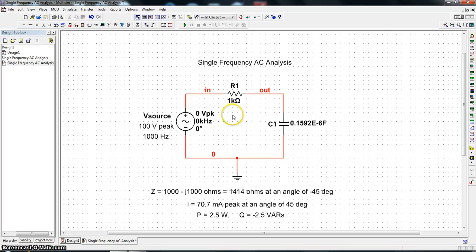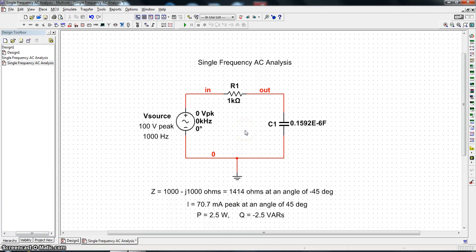At any rate, the magnitude squared of the RMS current times the resistance will yield 2.5 watts dissipated in the 1 kilo ohm resistor, and we get a Q, that is to say reactive volt ampere value for the capacitor of minus 2.5 vars, or volt amperes reactive. So these are the calculated values.